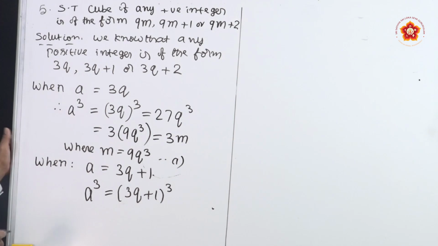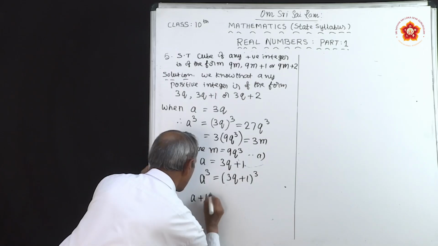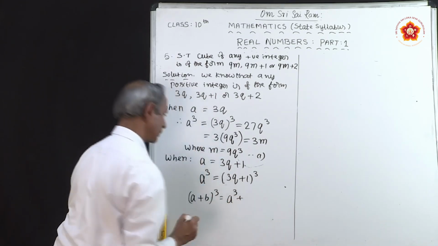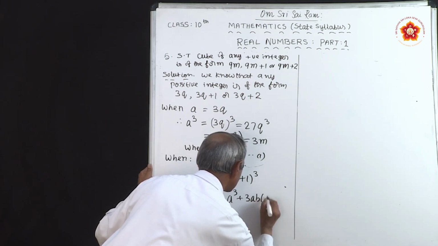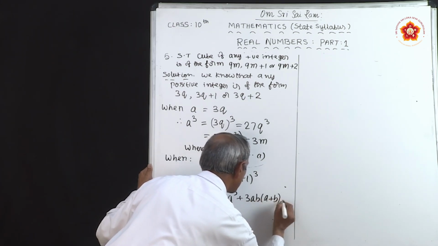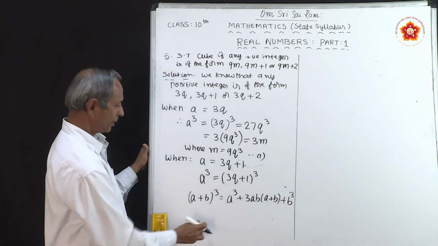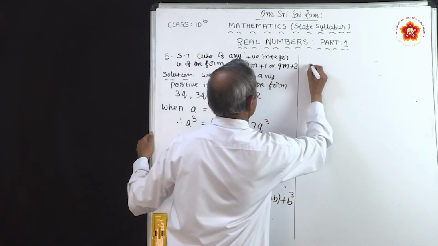Now we have to expand it using the identity. We already know a plus b whole cube equals a cube plus 3ab into a plus b plus b cube. Now let us expand.